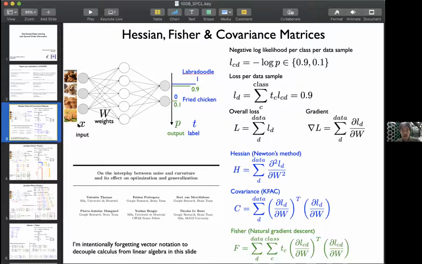So first, let's consider a two-layer fully connected neural network. And there are two things that are important in this slide. The blue thing, that's called the label, and the green one, that's called the output. The output is basically the output from the neural network.